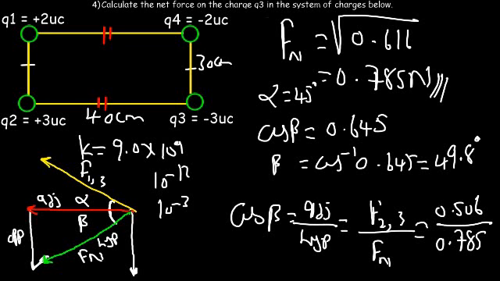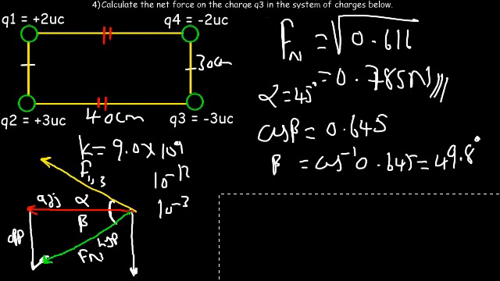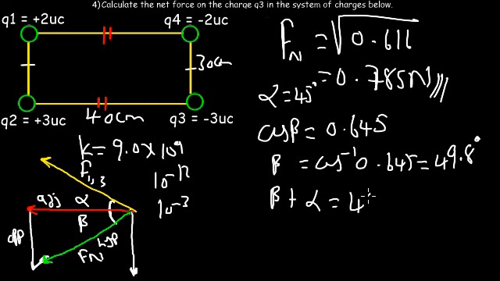And finally, the value of the angle between those two forces will be beta plus alpha, and that will be 49.8 plus, so the value of alpha is 45, and that should be indeed equals to 49.8 plus 45, that's 94.8.